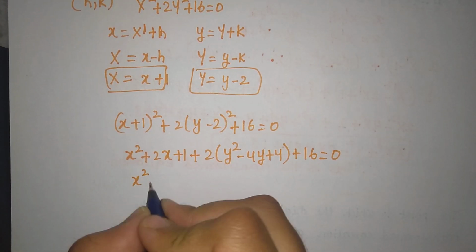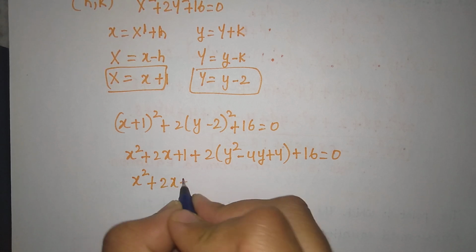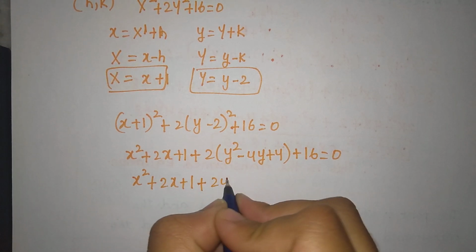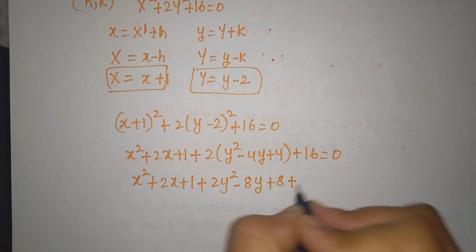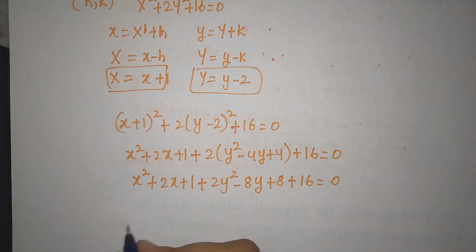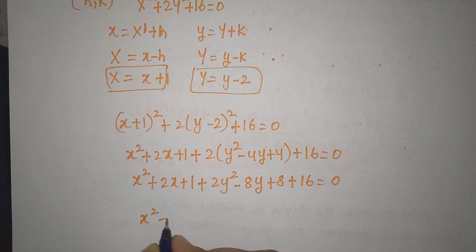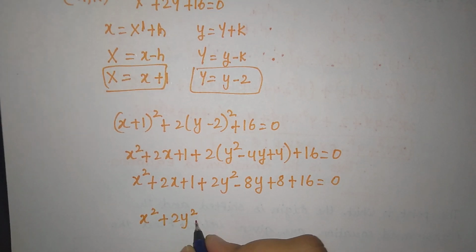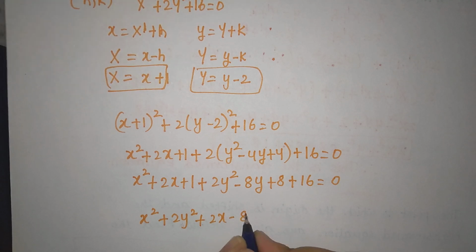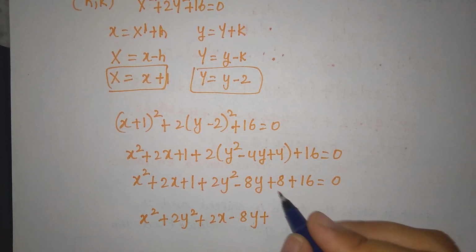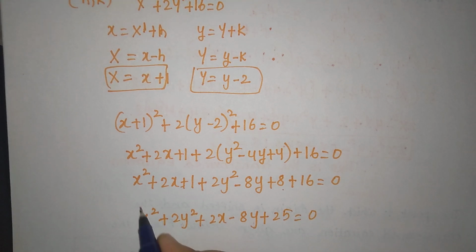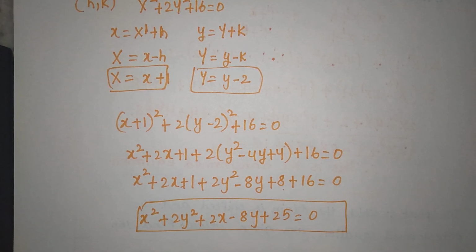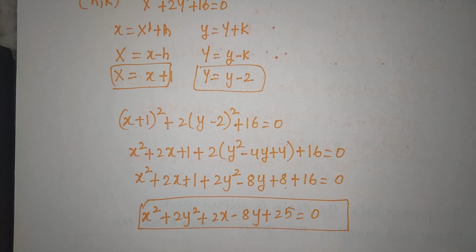So x square plus 2x plus 1 plus 2y square minus 8y plus 8 plus 16 is equal to 0. So x square plus 2y square plus 2x minus 8y plus 24 plus 1, 25, is equal to 0. So this is the equation according to the old axis or original axis.